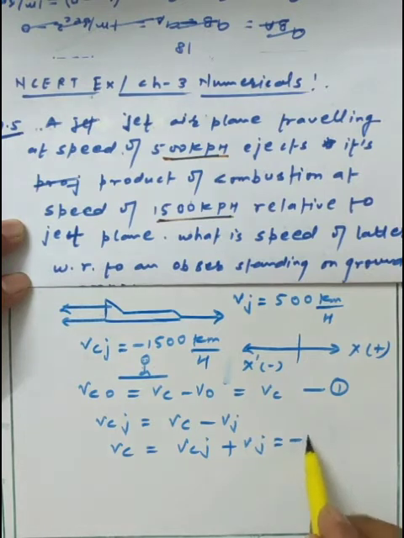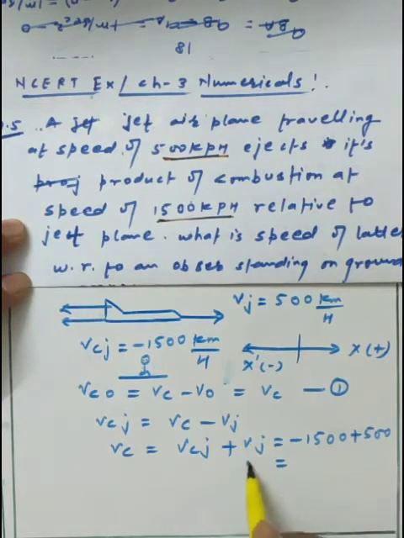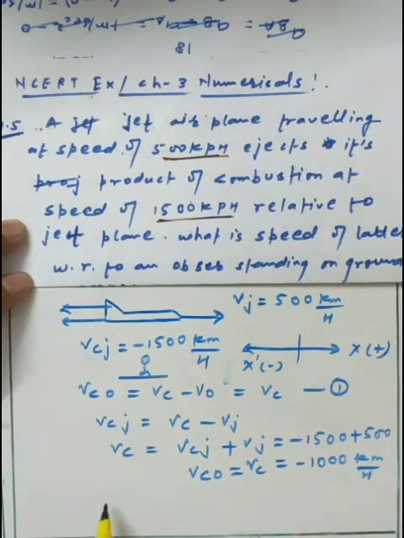So I put minus 1500 plus 500. Finally I get the velocity of combustion as minus 1000 kilometer per hour, and this negative sign represents the velocity of combustion with respect to an observer on the ground.